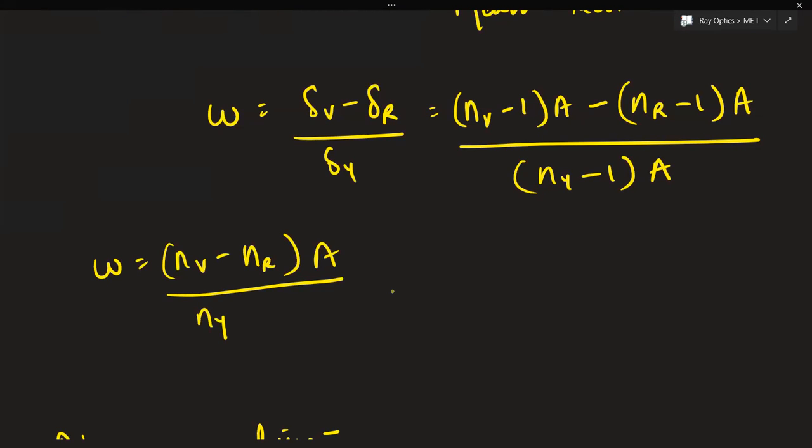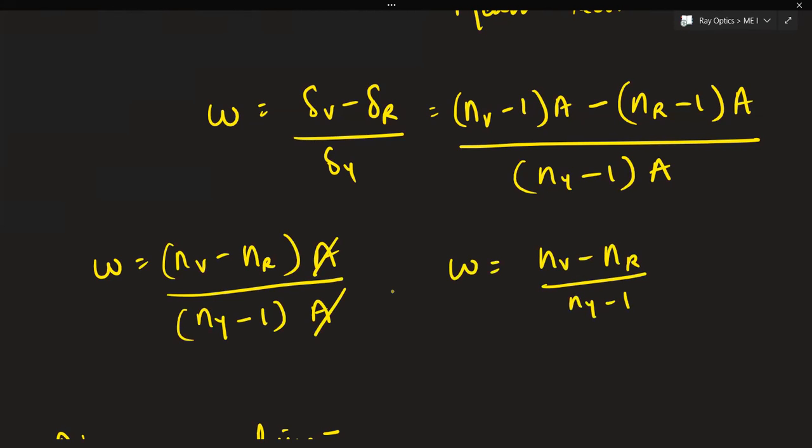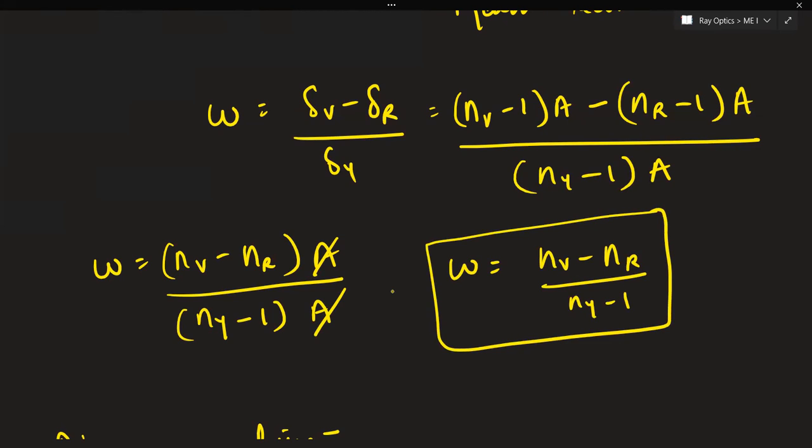And here you will have N yellow minus 1 into A. The angle of prism gets cancelled. Dispersive power becomes NV minus NR by NY minus 1, where NY is the refractive index of yellow color.